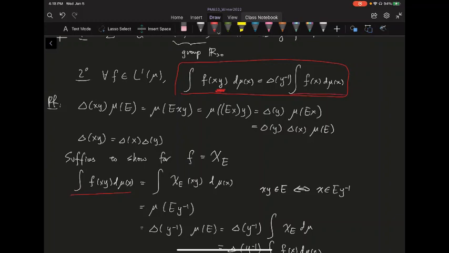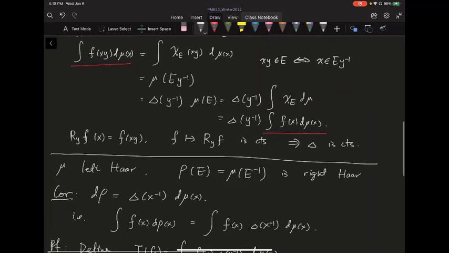If I want to add a y here, then I need to compensate by Δ(y)^{-1}. Another way of writing that is moving the Δ(y)^{-1} to the other side. So this is equivalent to saying ∫ f(x) dμ(x) equals ∫ f(xy) dμ(x) times Δ(y), because 1 over Δ(y)^{-1} is just Δ(y), since Δ is a group homomorphism and maps the identity to identity.